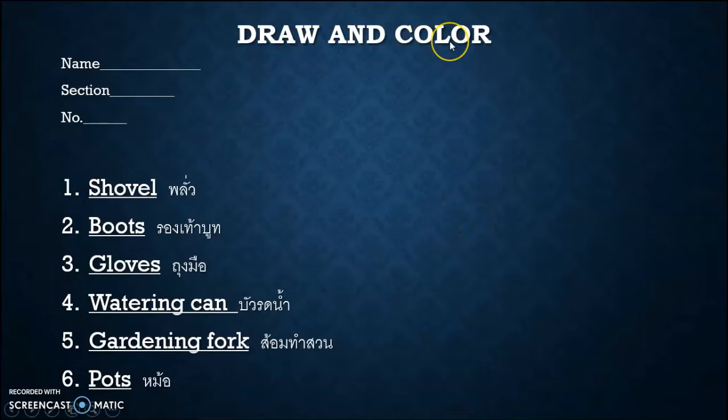And then color. Number 3, gloves. Okay, draw the gloves and color. Did you get it? Very good. So follow the watering can, gardening fork, and the last one, the pots. Alright?